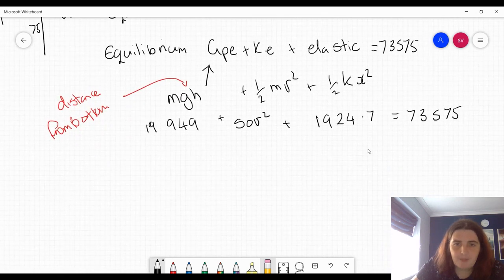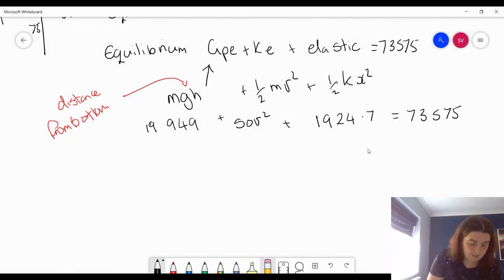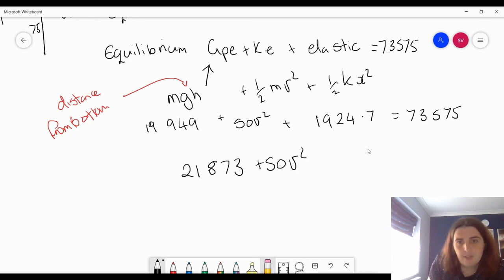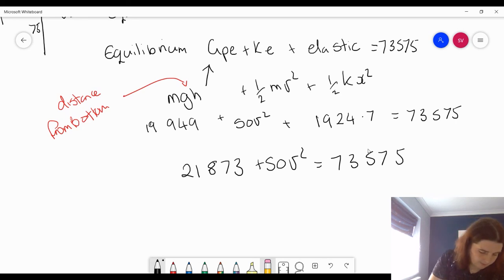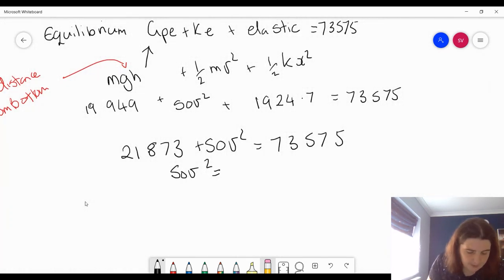So let's do some rearranging. I end up with 19,949 plus 1,924.7, which is 21,873, plus 50 v squared equals 73,575. So 50 v squared equals 51,701. v squared is 51,701 divided by 50, which is 1,034.